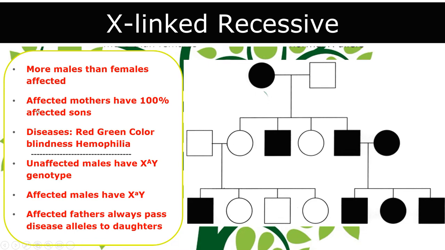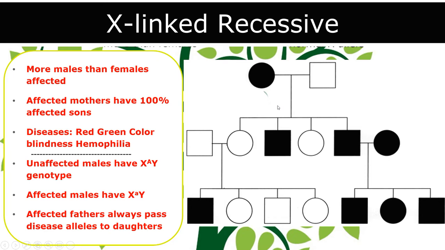And then the other thing that you want to check to be sure that it's an X-linked recessive is you look for an affected mother, like this one here or this one here. If it's an X-linked recessive, a mother who is affected will have 100% affected sons, because remember, they get their X chromosome directly from their mom. They get the Y chromosome from the dad.